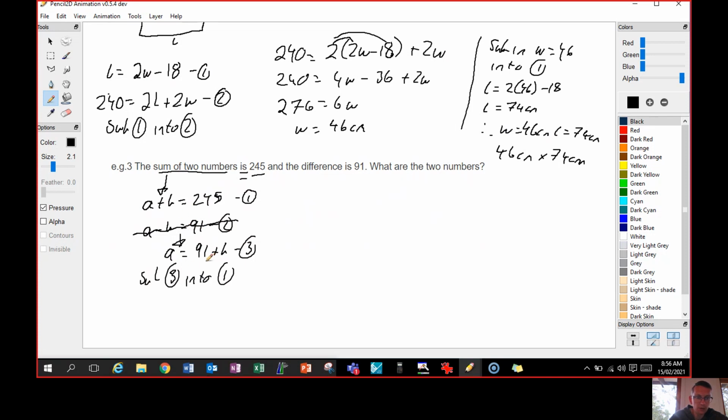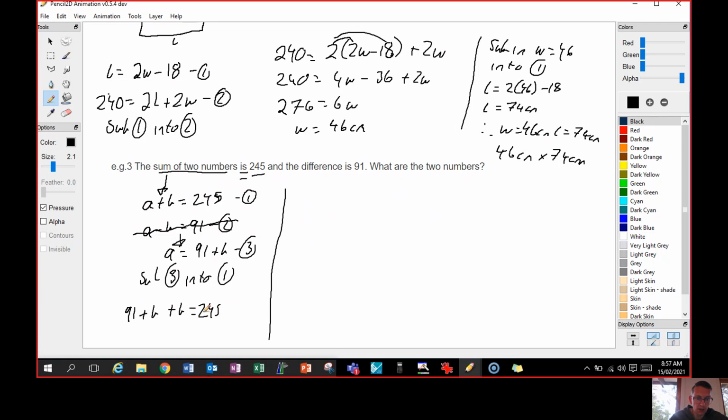Well, if we know A equals 91 plus B, that means it's going to be 91 plus B, because that's A, right? That's 91 plus B equals 245. Going to minus 91 from both sides.